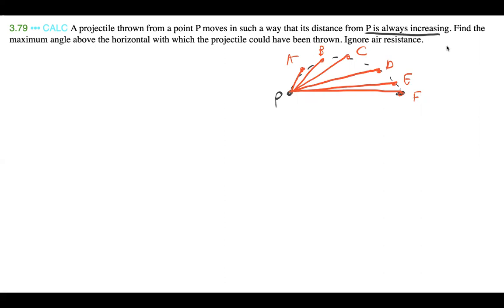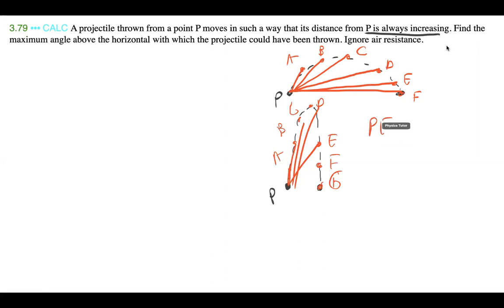So in another scenario, if we have a projectile that looks a little bit more like this, we can see here that if we have points A, B, C, D, let's say E and F. Oh, let's actually make this F and we'll make this G. Okay, so at point A, B, C, and D, we can see that this distance is always increasing from P. But then if we get to point E, we can see that PE is actually smaller than the distance from P to D, right?